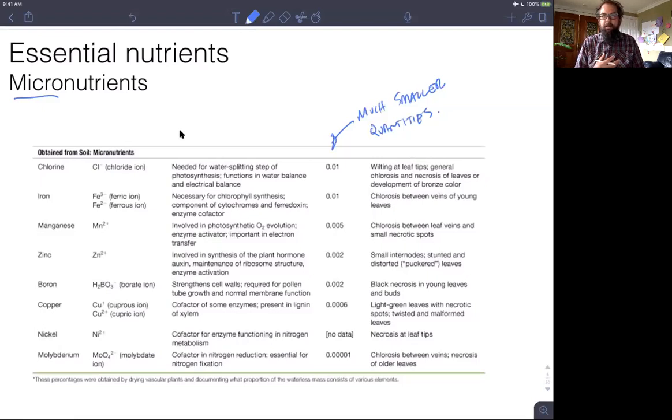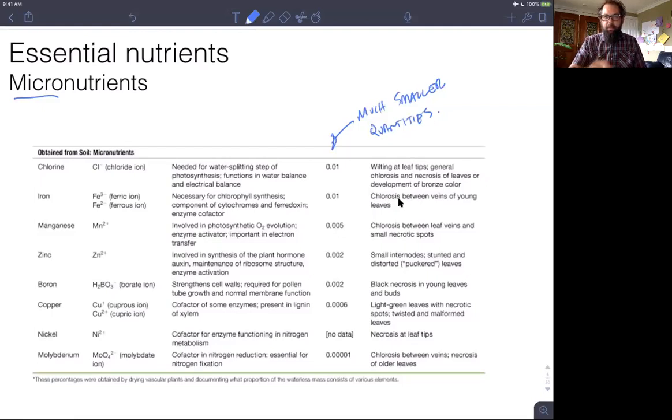They're required for normal growth and development of the plant in low quantities. And so things like nickel or copper, these are very toxic in high quantities. And then also including molybdenum in here, and this is in a very small quantity. But the point is that each of these is an essential nutrient required for normal growth and development.